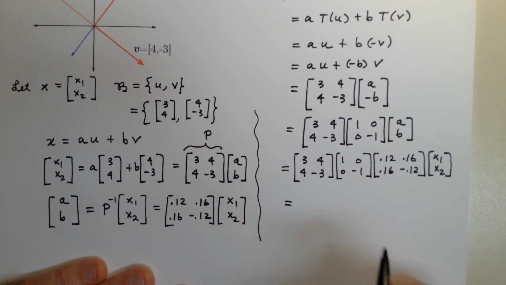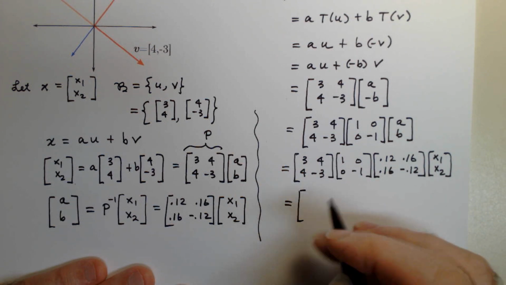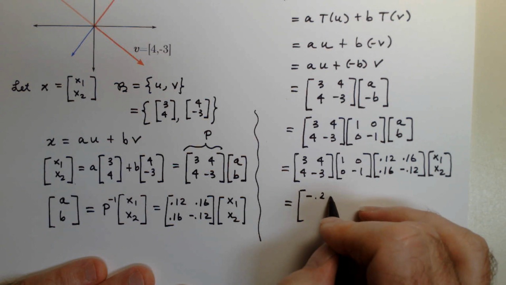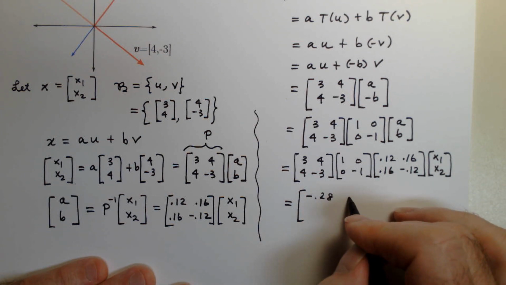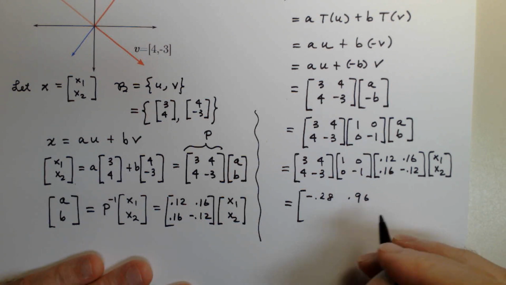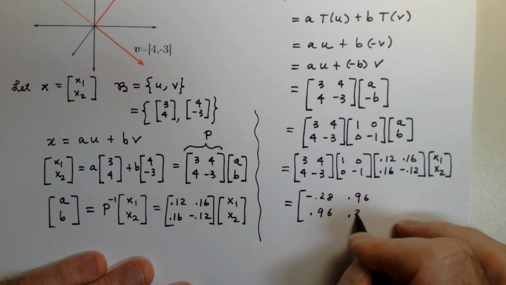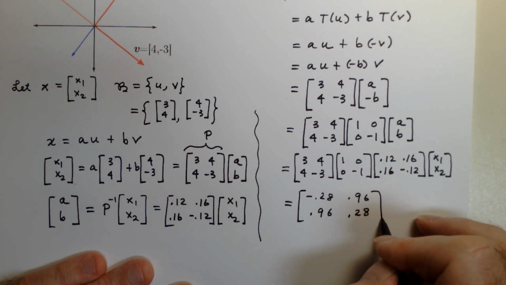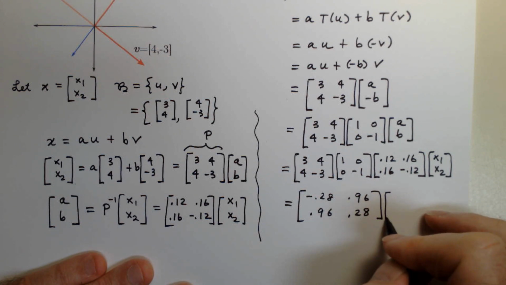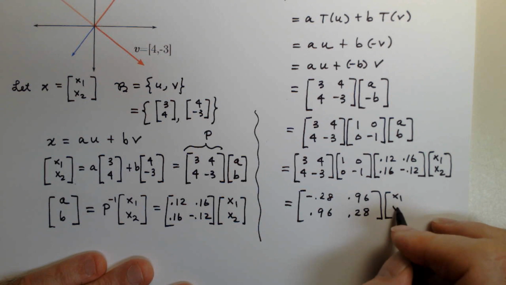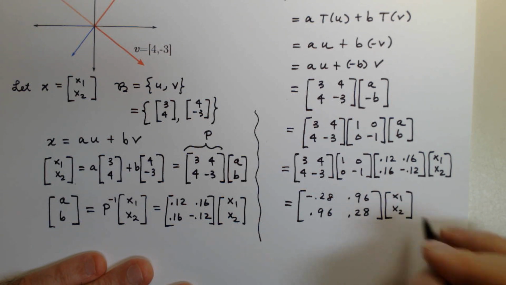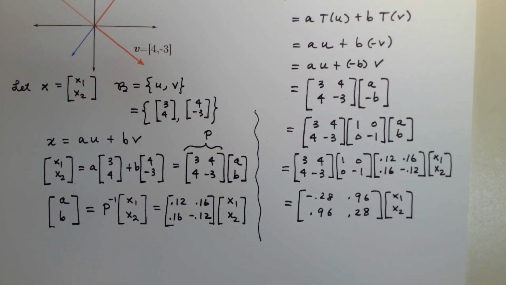After you multiply these all out, you're going to get negative 0.28, 0.96, 0.96, and 0.28. Okay? And so that's interesting.